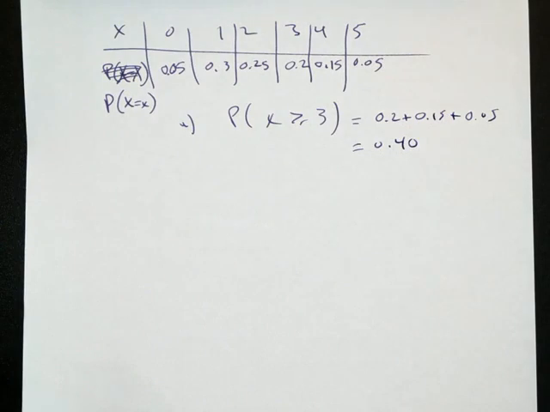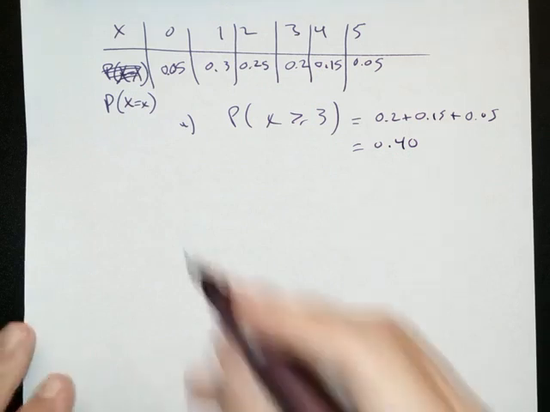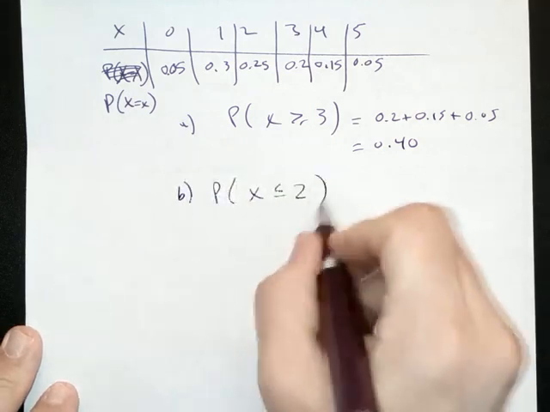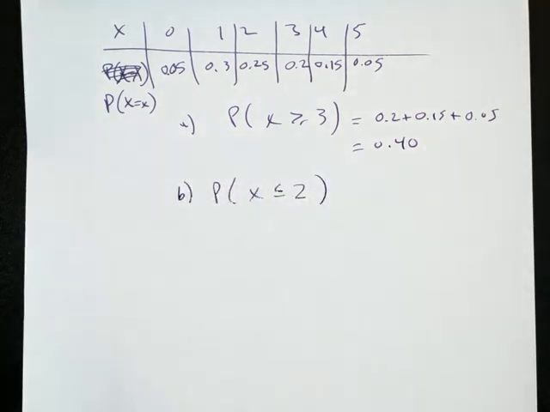What's the chance it's 2 or fewer? How did you get that number?